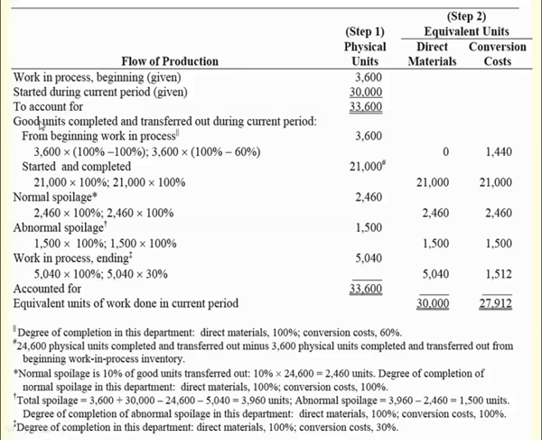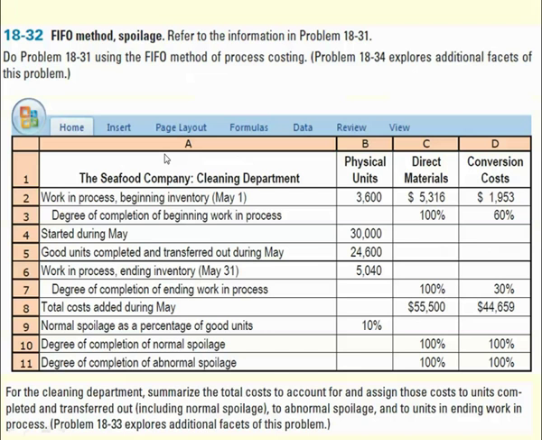Good units completed and transferred out during the current period. First, we need to know the number of units completed from beginning work in process. From work in process beginning, they are all completed, so 3,600 units. The degree of completion as given was 100% for direct materials and 60% for conversion costs. Now we need to complete these units.